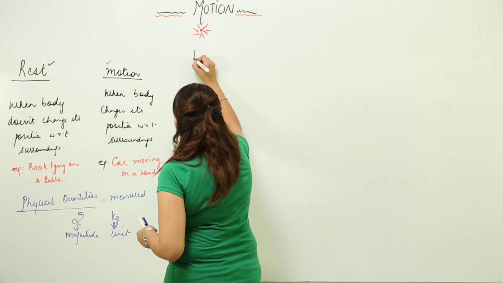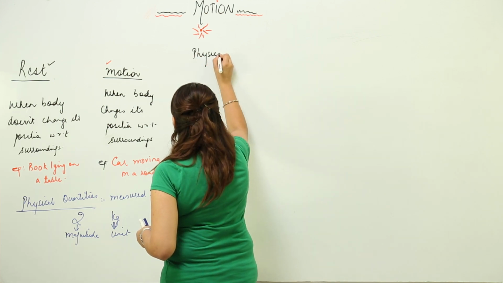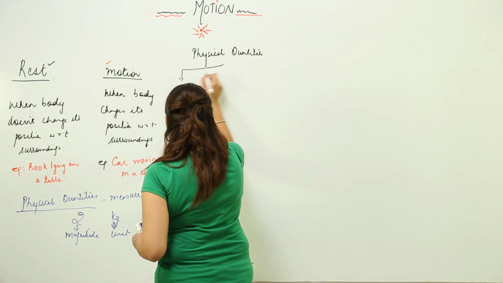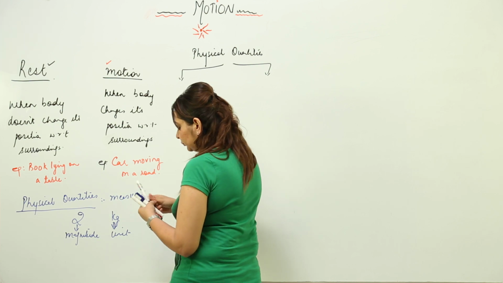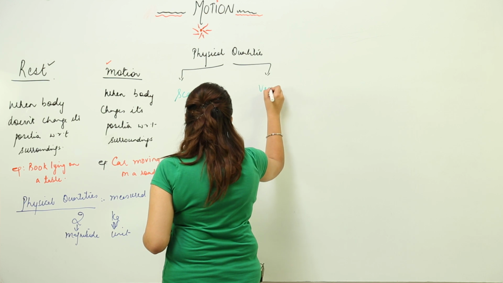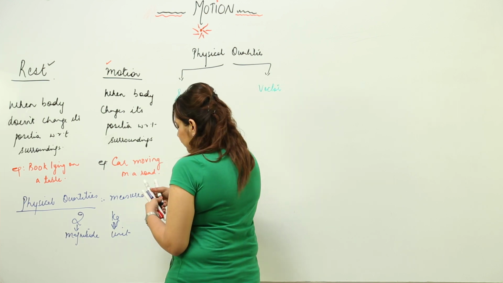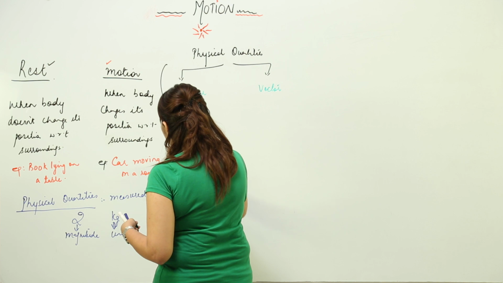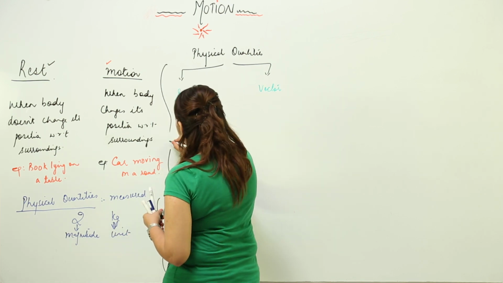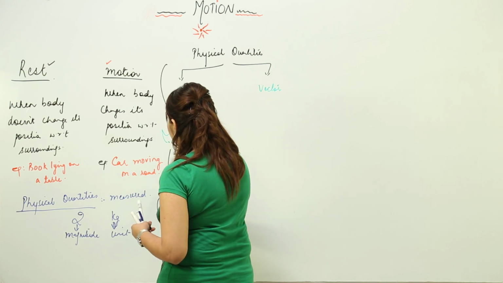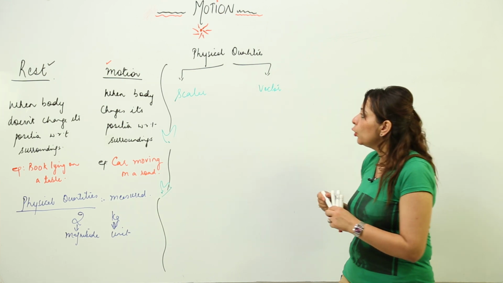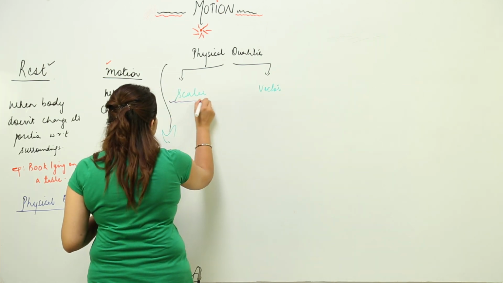Now physical quantities are generally of two types. All the physical quantities are classified into two categories: one is scalar, the other is vector. Which physical quantity is said to be scalar?